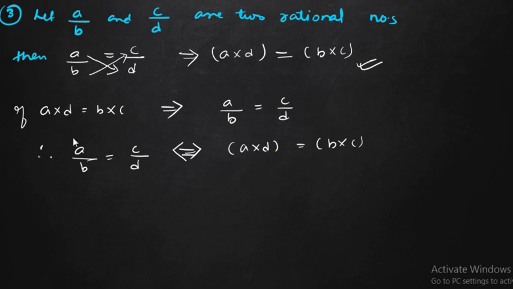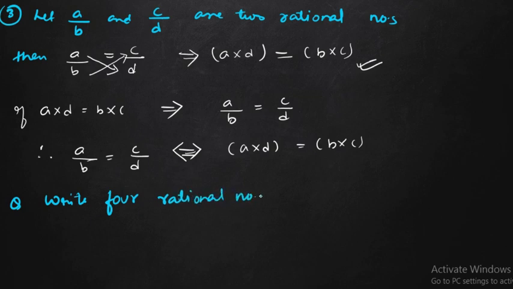So let us do one question. Our question is, write 4 rational numbers equivalent to 2 by 5.